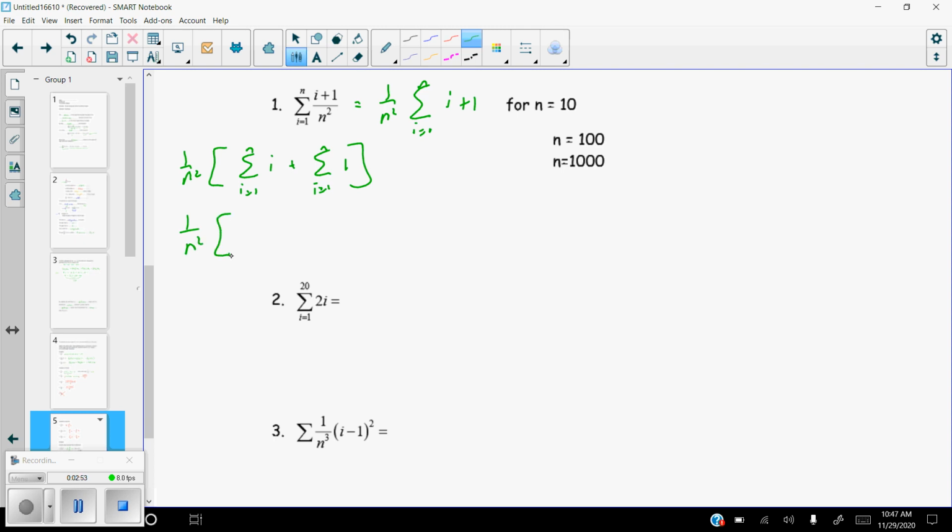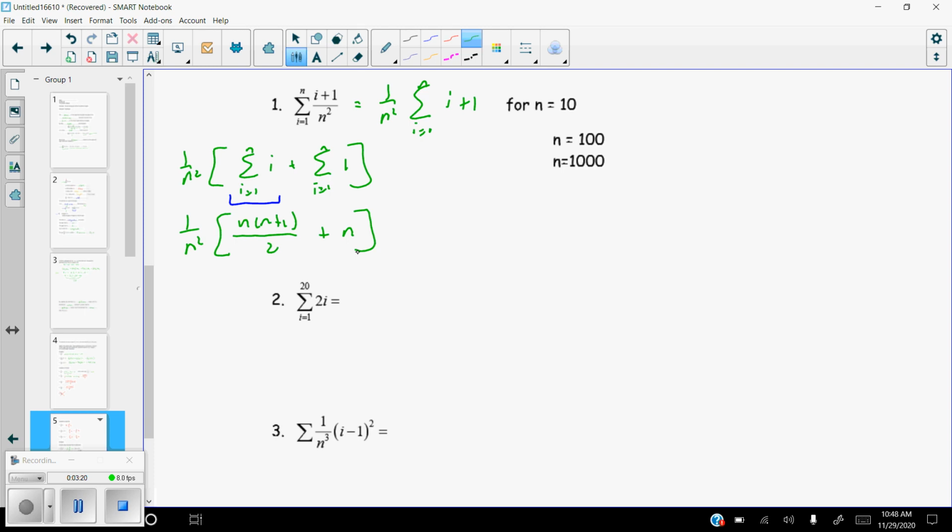So the sum of i, if you remember correctly from the other side, was n times (n plus 1) divided by 2. And then the sum of 1, because 1 is a constant, would be that constant times n.